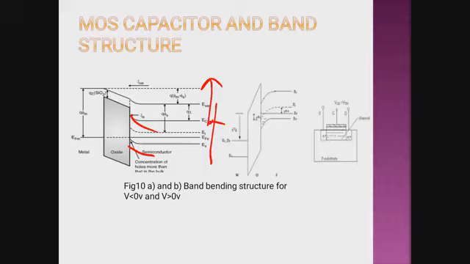This is the Fermi level moving closer towards the intrinsic Fermi level, and I am going to have a positive charge accumulation over the semiconductor region. The same amount of negative charge accumulation also happens across the metal side, and this basically acts as a parallel plate capacitor.